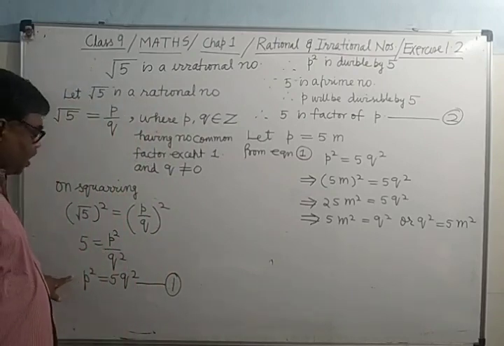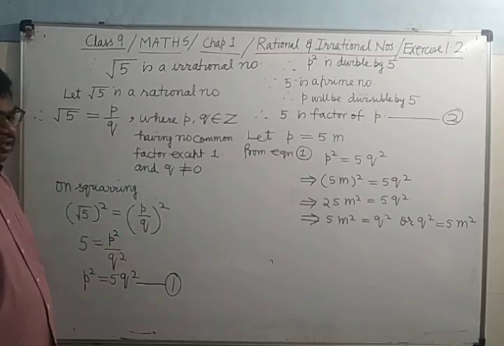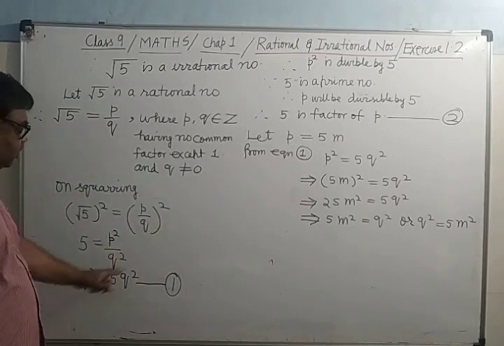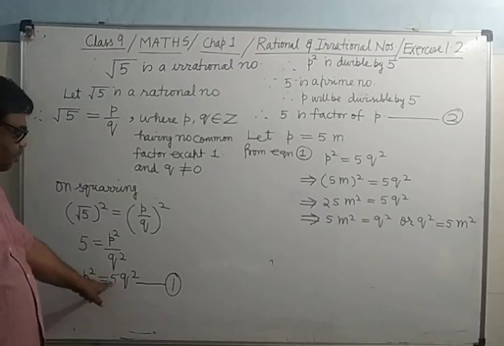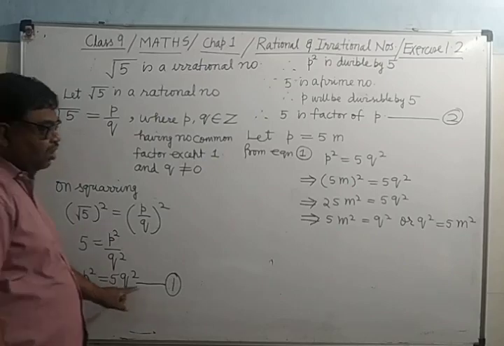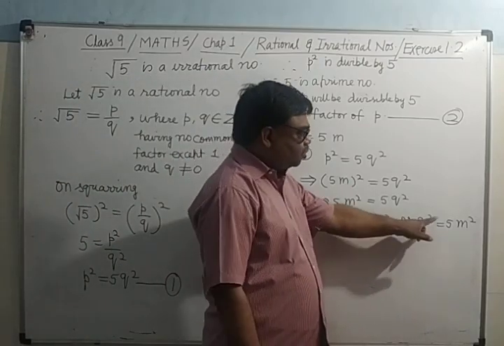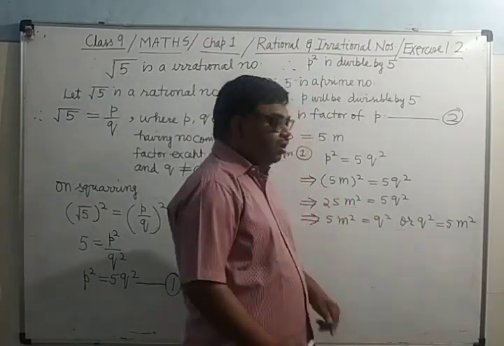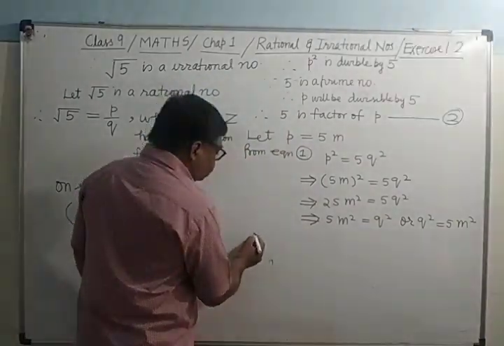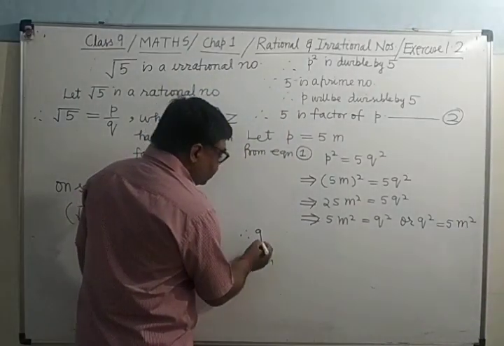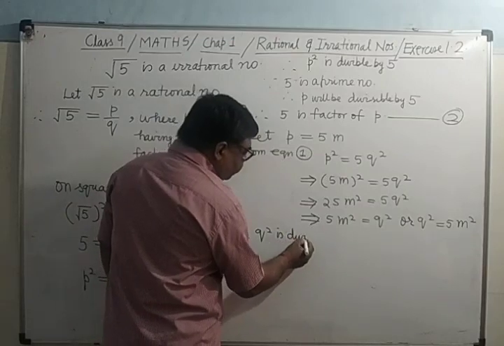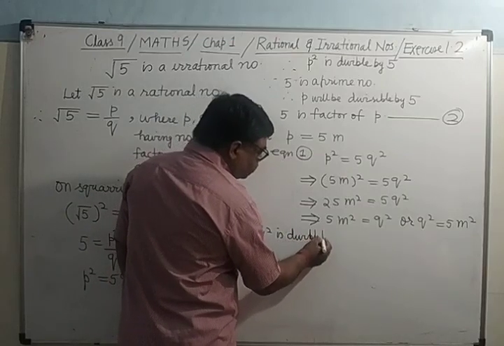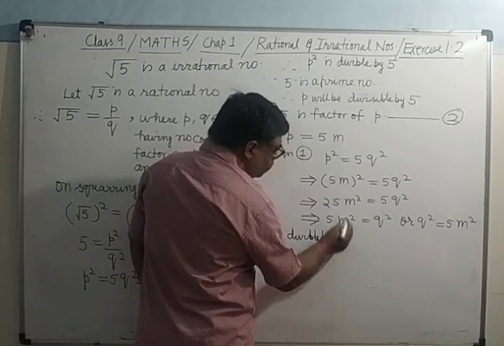Now apply the same concept. Here we wrote p square is divisible by 5 because p square has a factor 5. So here also q square has a factor of 5. Therefore q square is divisible by 5.